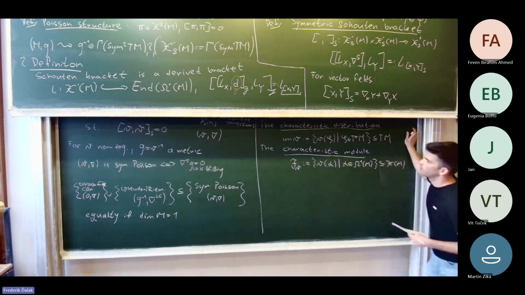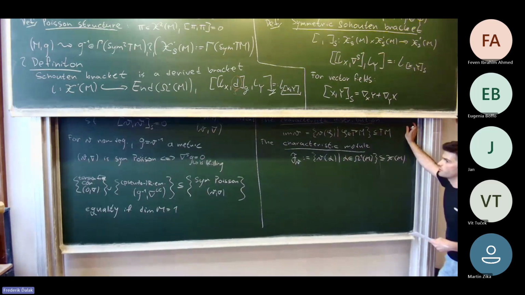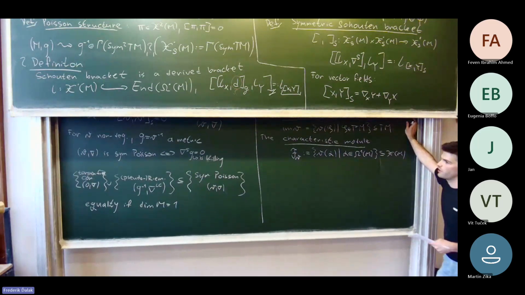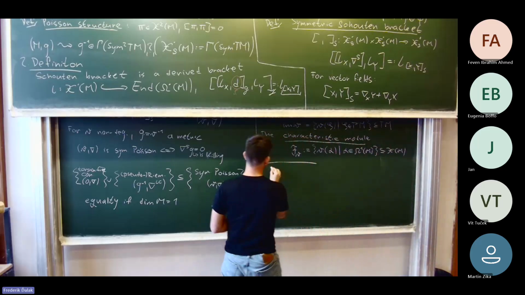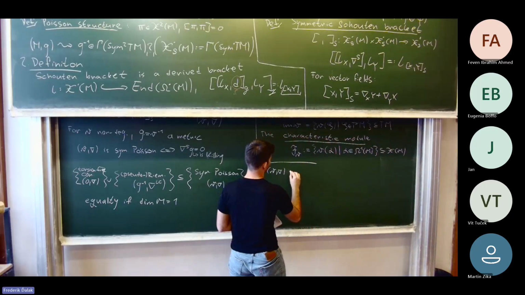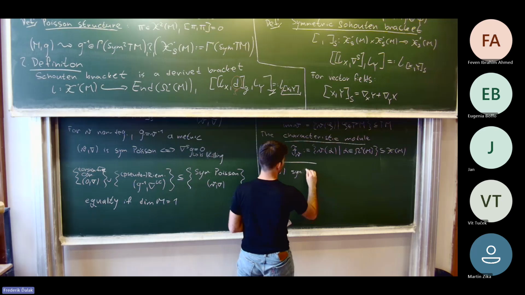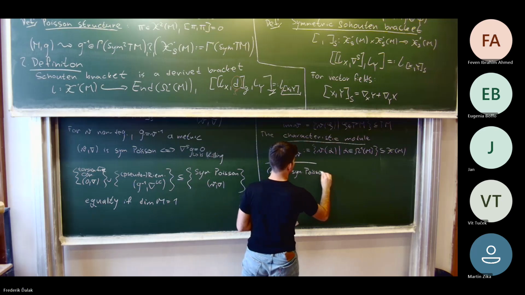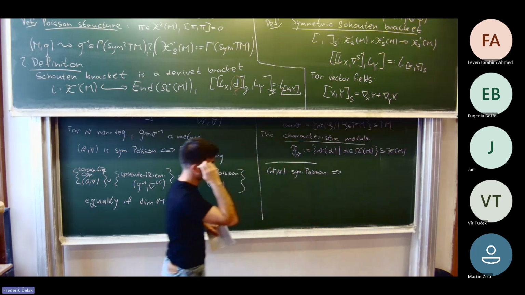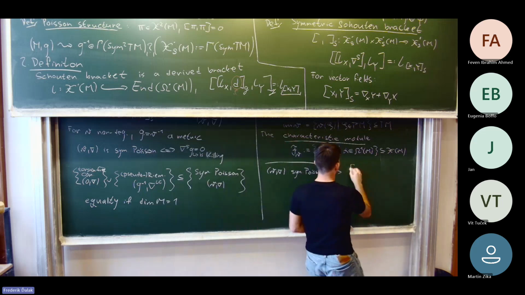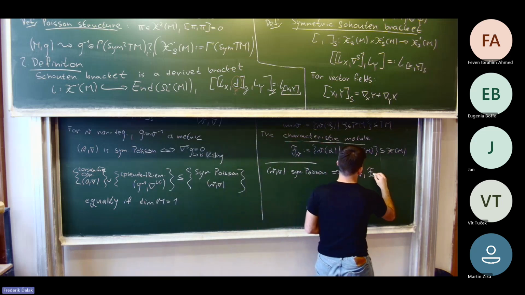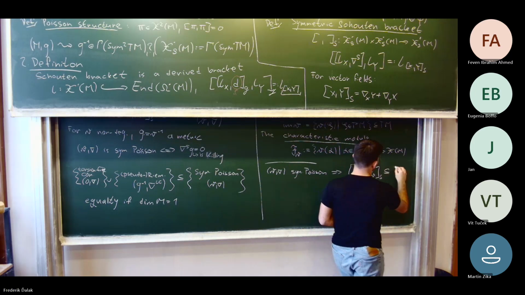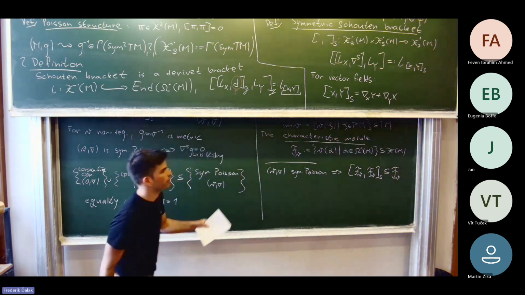Okay, and now this is for arbitrary symmetric bivector field, but what happens when I have in my hands a symmetric Poisson structure? So I have theta, nabla, symmetric Poisson. Then it's not a big surprise probably, but what I get is that this module here is involutive, but not with respect to the Lie brackets, with respect to the symmetric brackets.